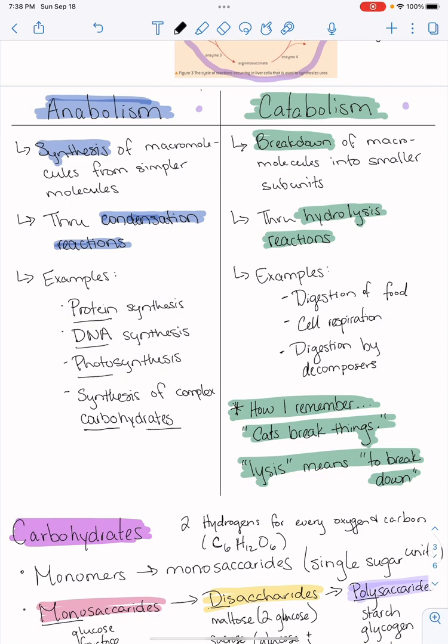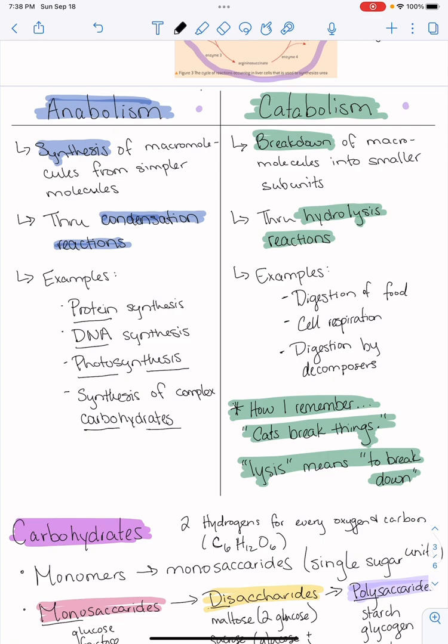And then photosynthesis is also an example of a condensation reaction because we are building essentially food and large complex carbohydrates for plants. So anabolism is the synthesis of large molecules through condensation reactions.